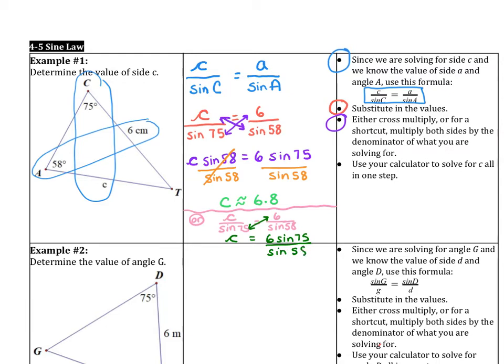And you end up getting here exactly what you had here. So you end up just saving a little bit of work here. So you could do a half cross multiply, and then you end up getting that same answer of C is approximately equal to 6.8, and of course we should put in our units.